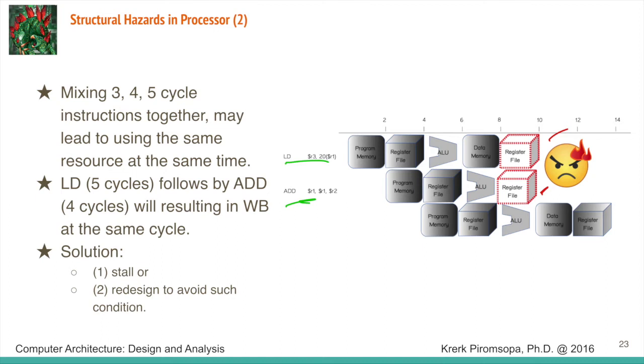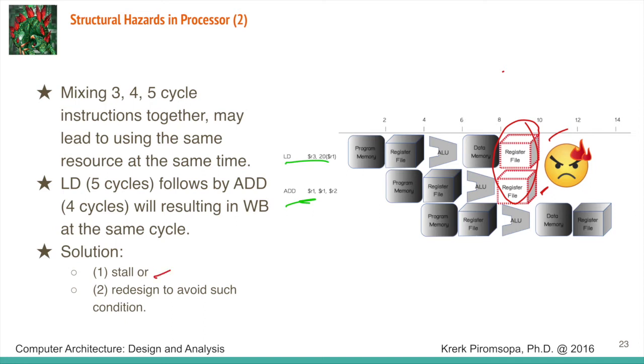So the register write back would move back 1 cycle. Here, we would then have an issue that 2 instructions want to write to the register at the same time. So we now obviously have a structural hazard.